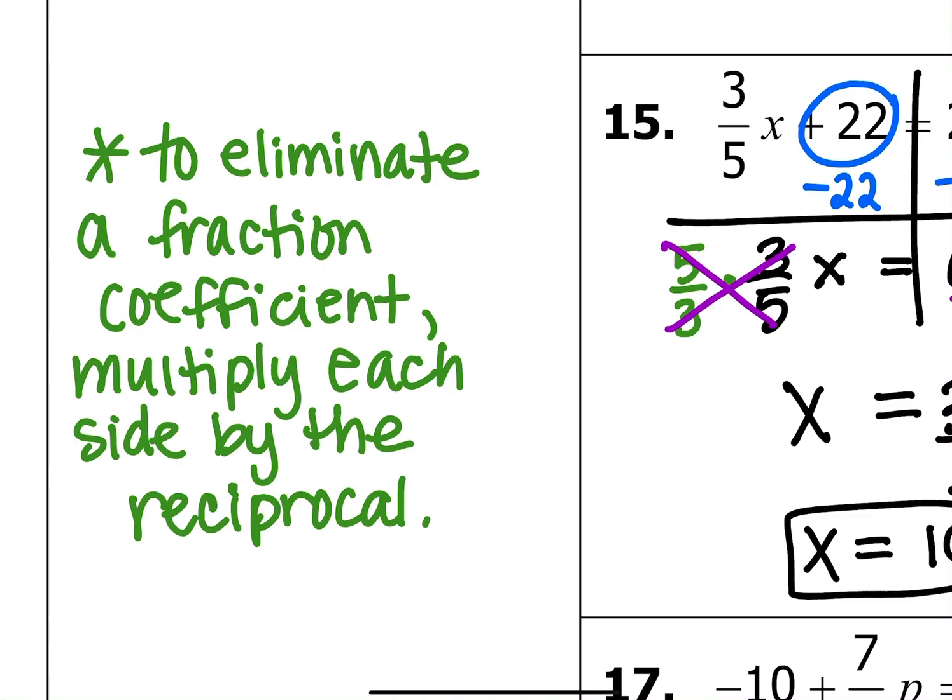And pause to copy that if I go too fast. So for problems like 15, to eliminate that fraction coefficient, multiply each side by the reciprocal.